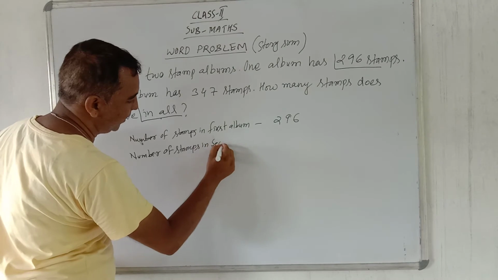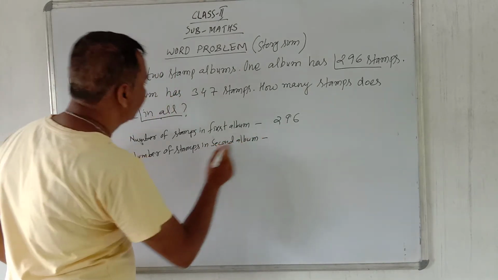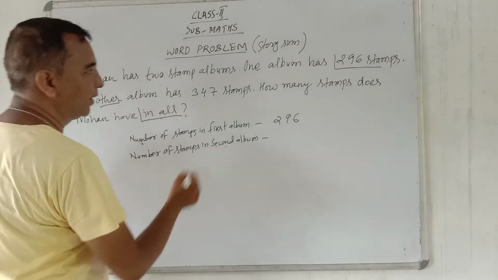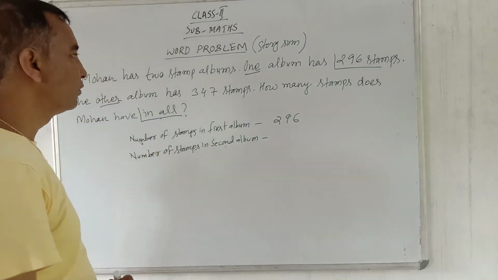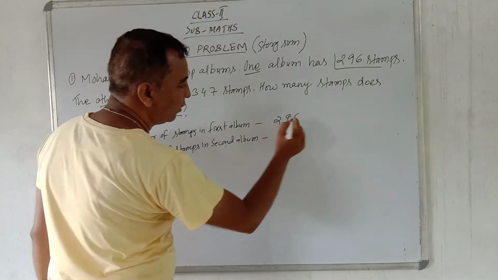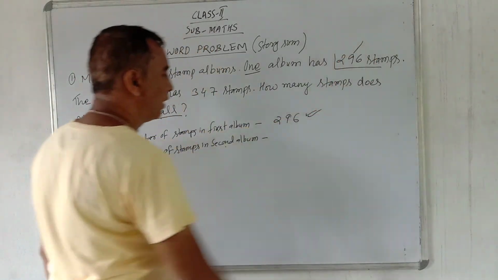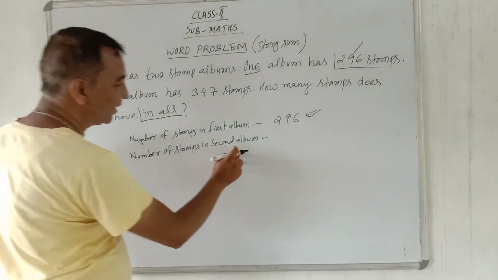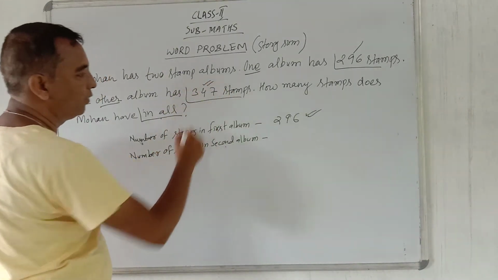Same as we did here, the number of stamps in the second album. The other we can write as second, and one we can write as first. So the number of stamps in the first album, how many? 296. Now, the number of stamps in the second album, how many? 347.